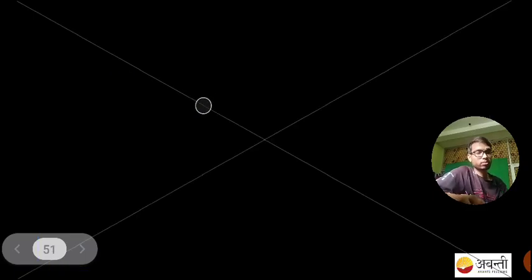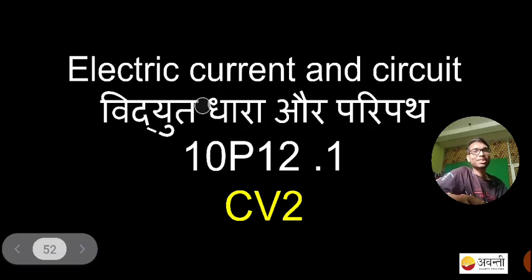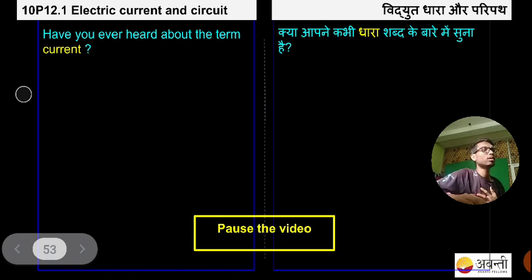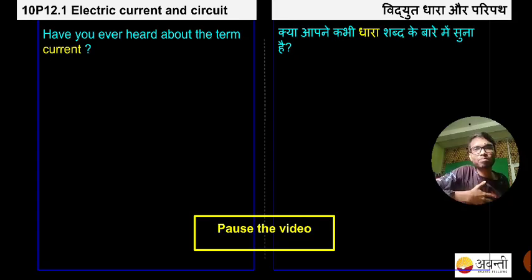Okay, no problem. So right now we will explore electric current and circuit. Have you ever heard the term current? Oh my god, current. Current is what? Electricity. Let's visualize it.